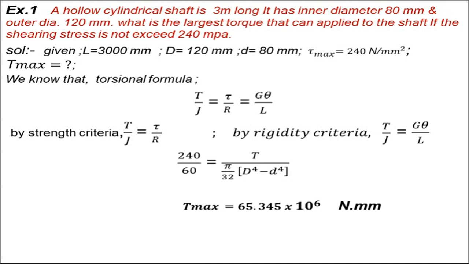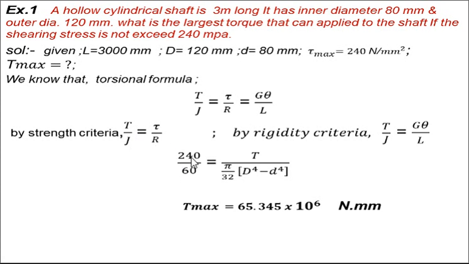Already we have T upon J is equal to tau divided by R. If you take this strength criterion, there is only one unknown, that is capital T. In the problem, the maximum shear stress tau is given, the radius of the shaft is given, because the outer diameter is given and you can convert it into radius, and we have the formula to determine J, the polar moment of inertia.